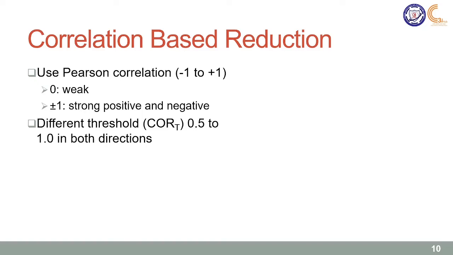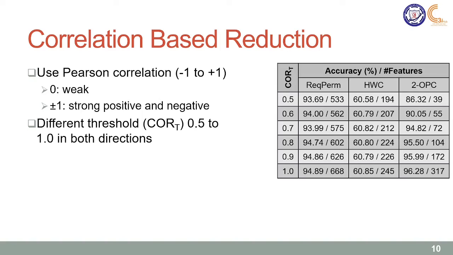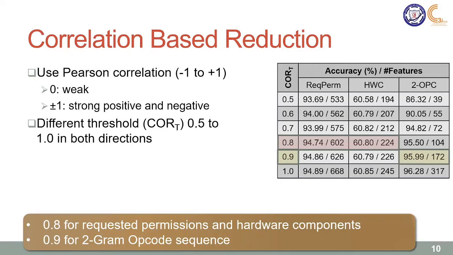Therefore, we observe the effect of different correlation values on feature set size versus accuracy and select 0.8 for permissions and hardware components, whereas 0.9 for 2 gram opcode sequences.